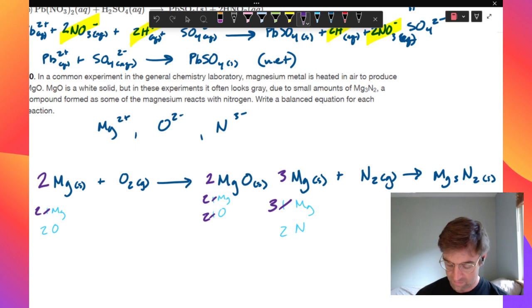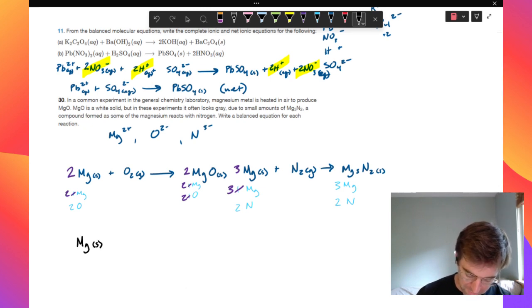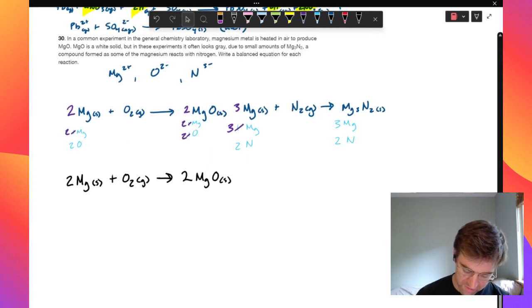This color coding works for my brain, but understandably can make some people a little dizzy. So I will rewrite this in black right now to make it make a little bit more sense.